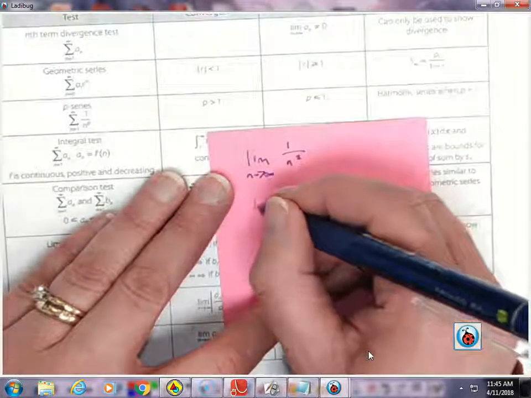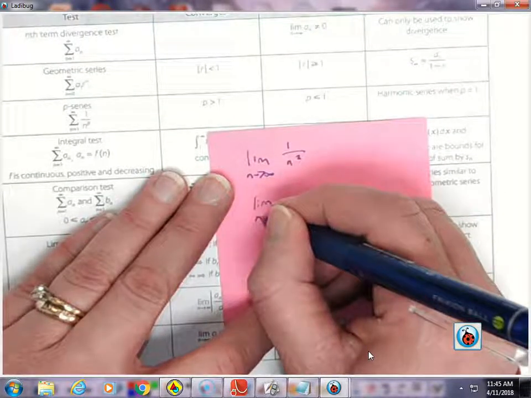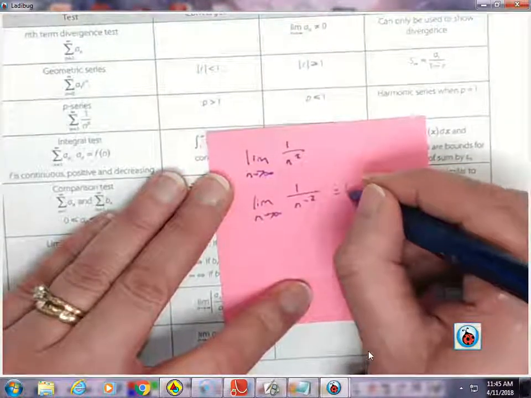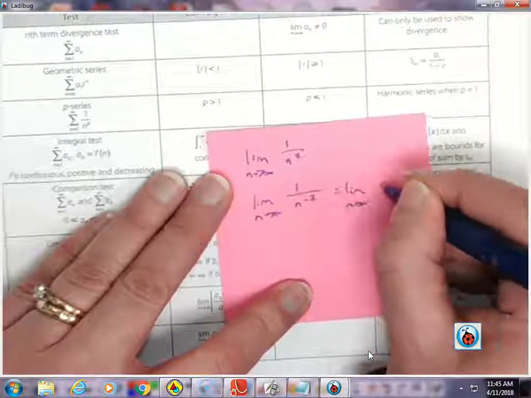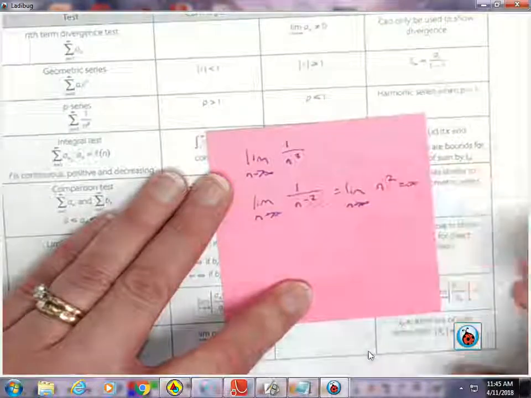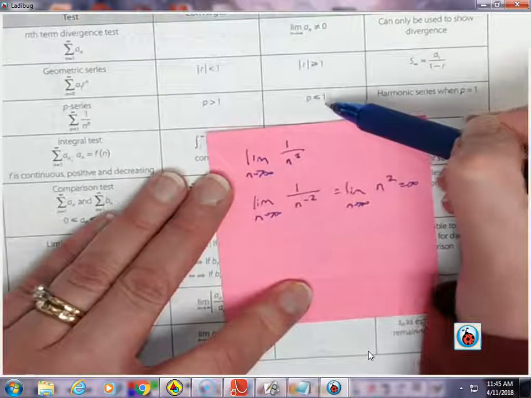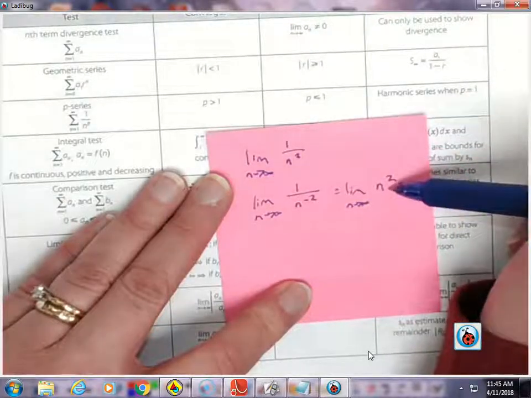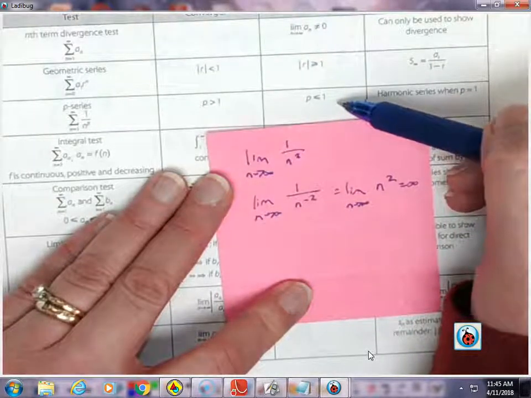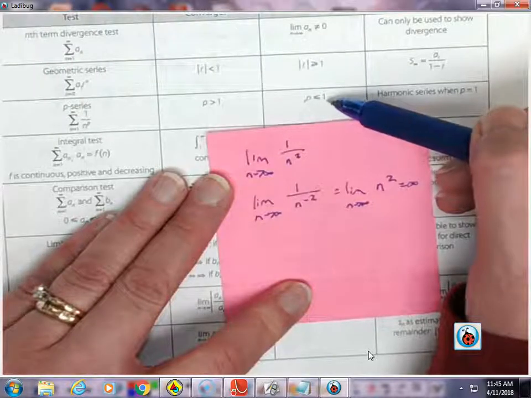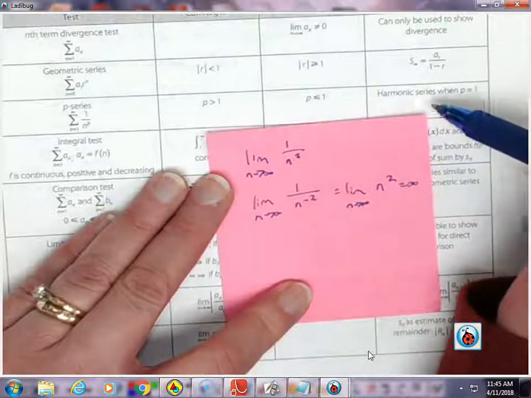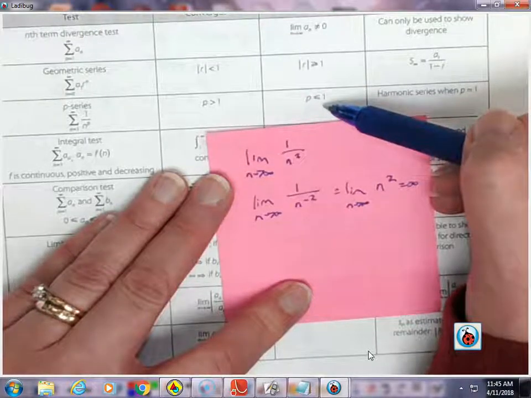But if all of a sudden you make this something negative, 1 over n to the negative 2, well, that's just the limit as n approaches infinity of n squared, which is going to go to infinity. So all these numbers that are smaller than 1 are actually going to flip and make big numbers, so it makes sense that this is going to diverge. Also, the 1 is your harmonic series, which we talked about for a really long time, so no problem there, 1 is going to diverge.